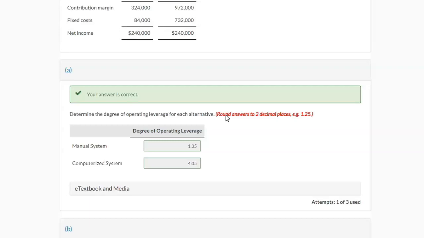Are you with me? Yeah, so 0.079 multiplied by 1.35 is equal to 0.106.